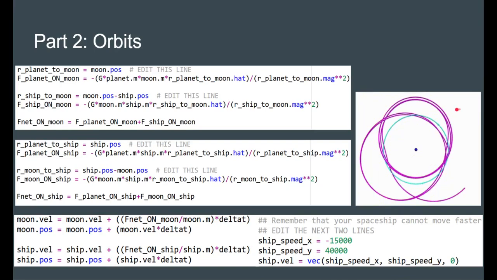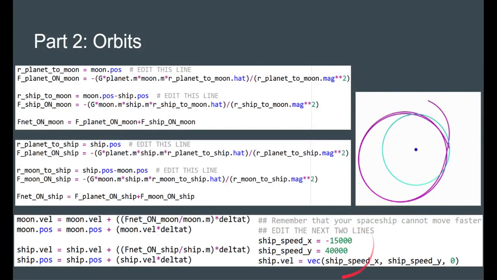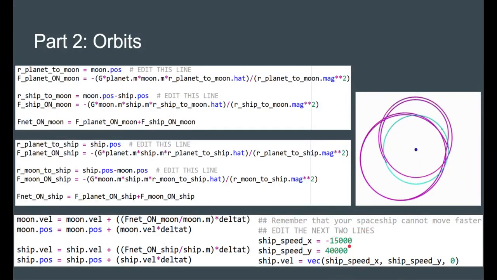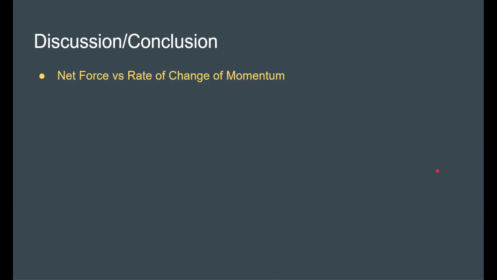In this case, our system varied depending on what we were calculating as the F net on each given thing, but our ship was our system when we were concerned with its velocity. And our initial conditions were simply with the rocket on the surface of the moon orbiting the planet and about to blast off.